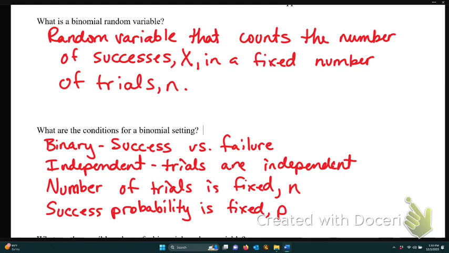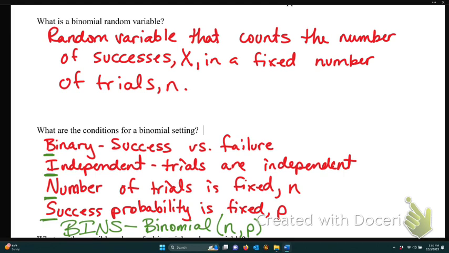This is how you check to see if something is binomial. To remember this, you can check bins. You're going to check bins anytime you are trying to see if something is binomial. If you find that it is in fact binomial, it is going to be defined by n and p, your number of trials and your probability of success. So we're going to check the bins. What does bins stand for?